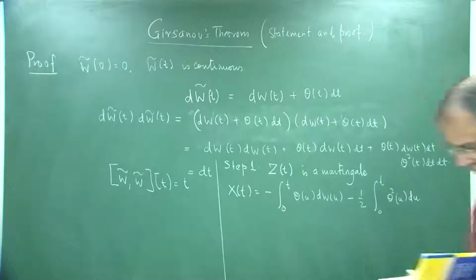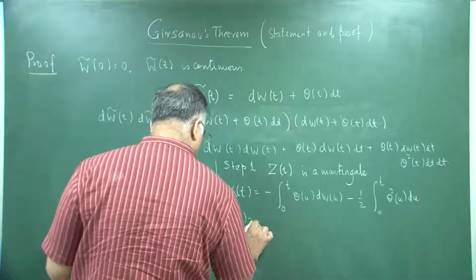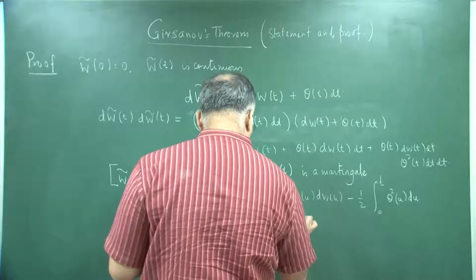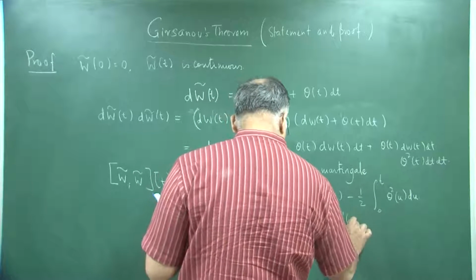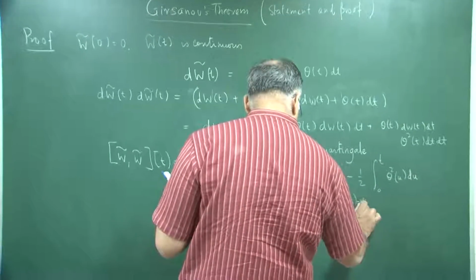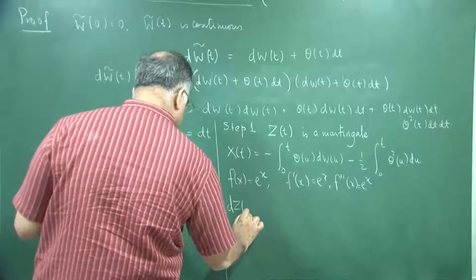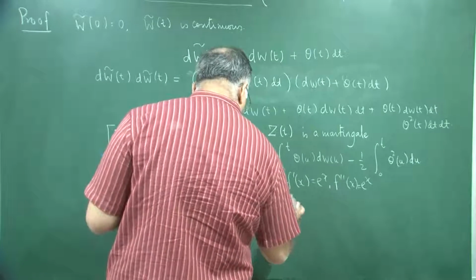So, now write f of x is equal to e to the power x. So, f dash x is equal to e to the power x and f double dash x is equal to e to the power x. Now, d of zt is d of f of xt.